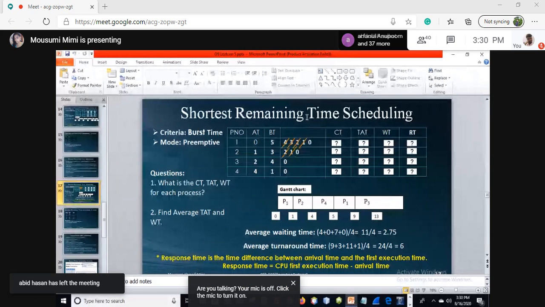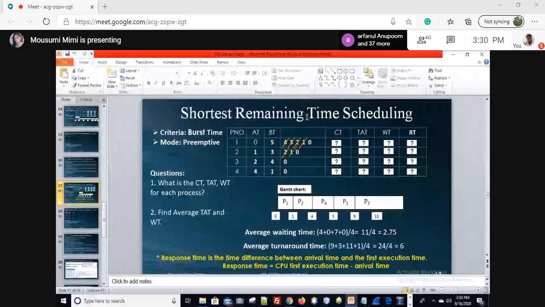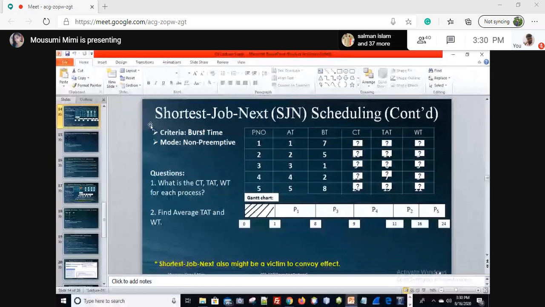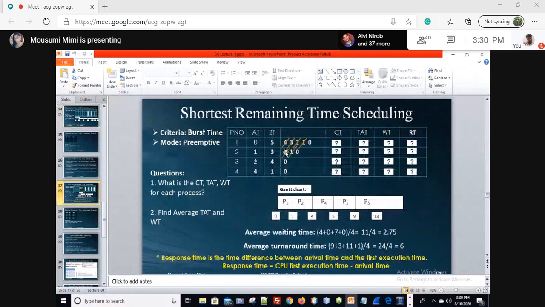Okay. Now I will tell you the difference between shortest remaining time and shortest job next, or shortest job first, scheduling. What is the difference? This also goes for priority according to the smallest burst time, and that also gives the highest priority to the smallest burst time.